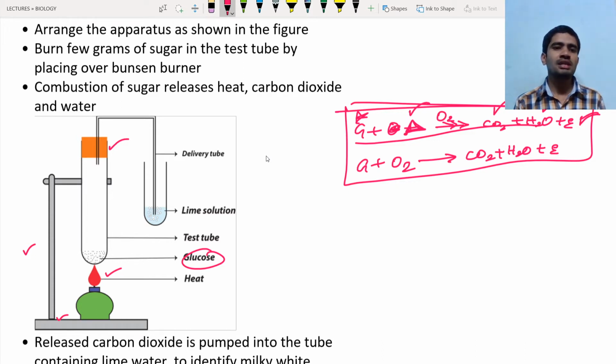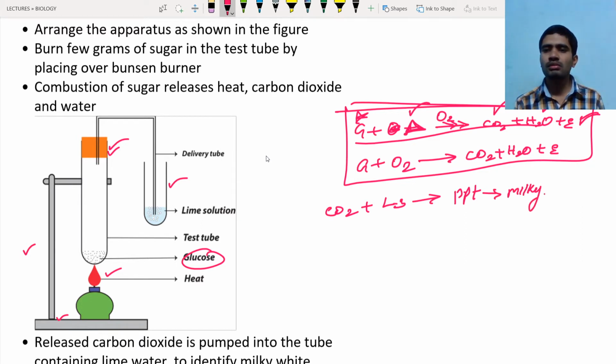This delivery tube carries the gases from this tube to another tube containing lime solution. The reason for using lime solution is that it reacts with carbon dioxide. Carbon dioxide plus lime solution react together to form a white precipitate, or PPT.